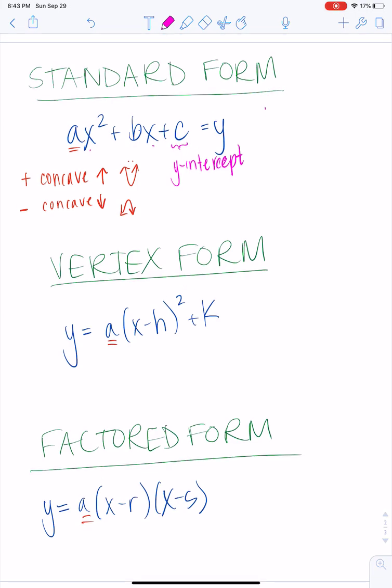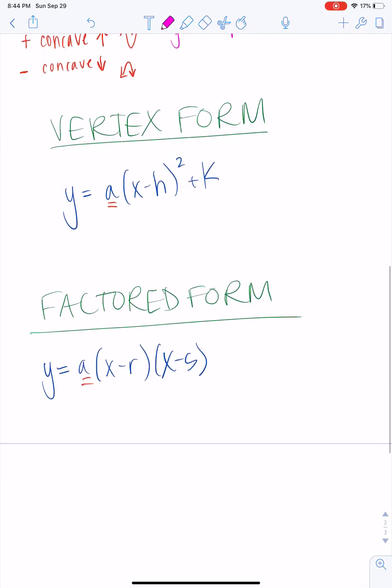In order to find the vertex, I can use the equation x is equal to negative b over 2a, using this as my b value and this as my a value. That will give me the x coordinate of my vertex. So these are a few notes that you can take, and we'll do some examples with all three forms a little later on. That's a little rundown for standard form.